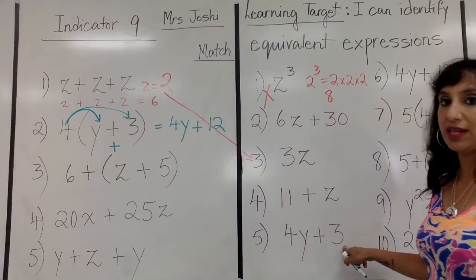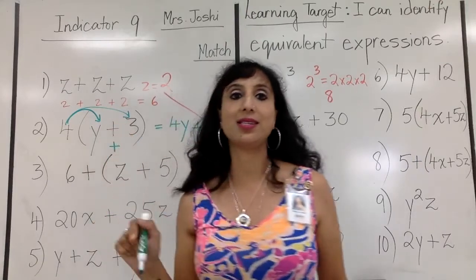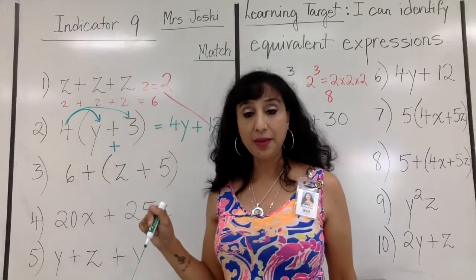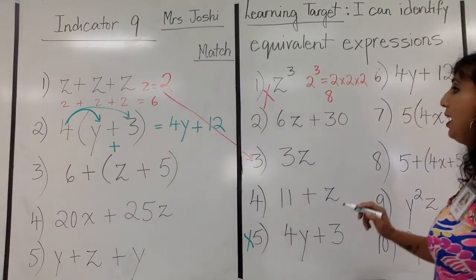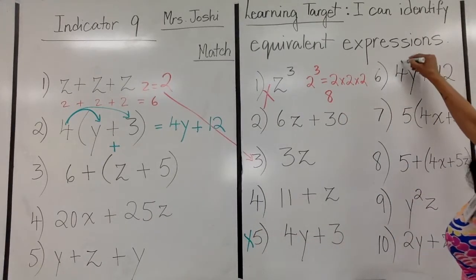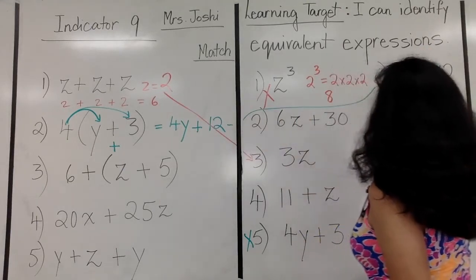That would be incorrect because this has to be multiplied with each number inside. This is the distributive property. So this is not correct, and for number 2, this would be the correct one. So 2 is going to match with 6.